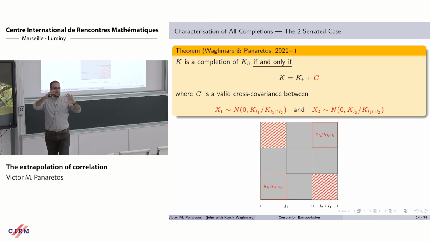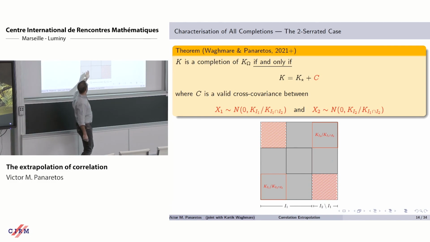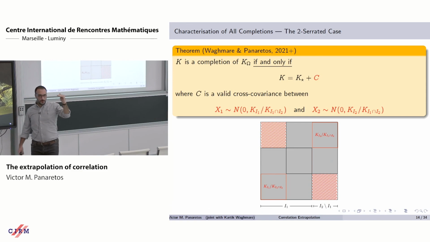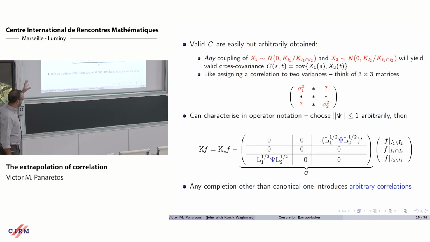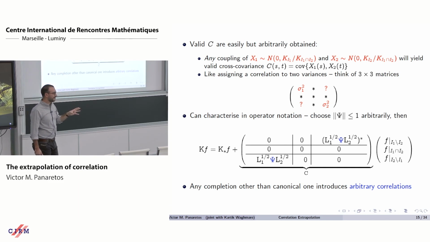You just take the intersection of the two squares forming the two-serrated domain and you look at the squares that are formed if you move away from that intersection. So as C ranges over all possible such cross covariances, you construct all possible completions. And the statement I would like to make is that valid such C are very easily obtained.